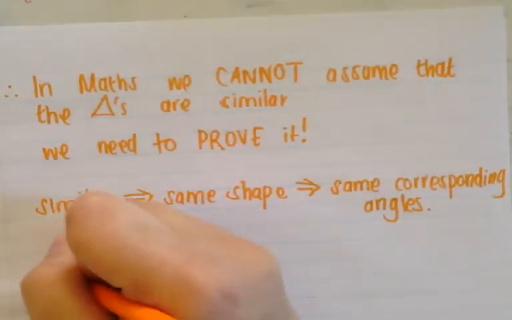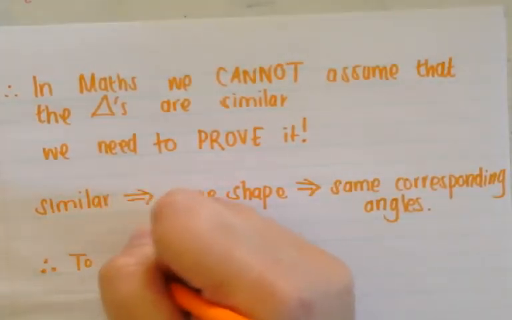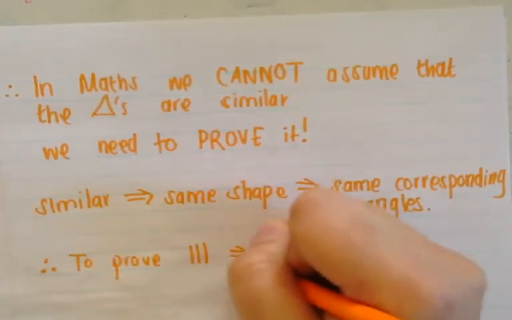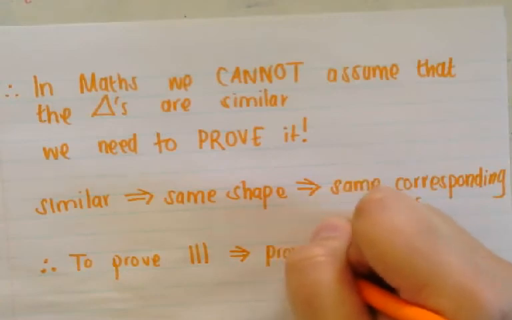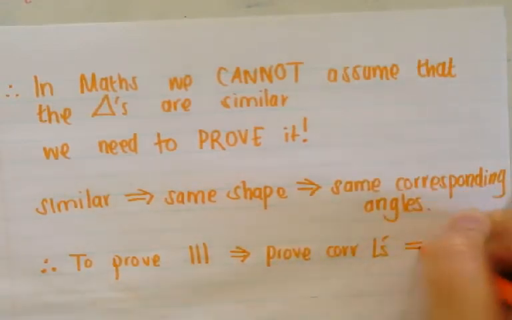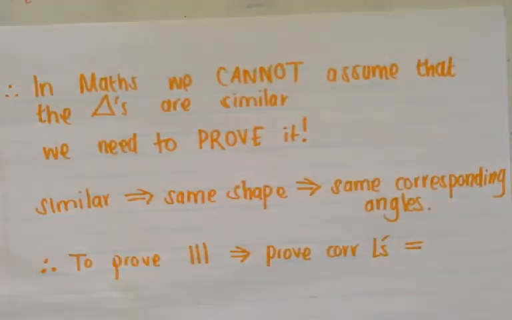Therefore, to prove similarity, we need to prove corresponding angles are equal. There are technically two ways, but we are only focusing on the one this year. So we're going to prove that all corresponding angles are equal.